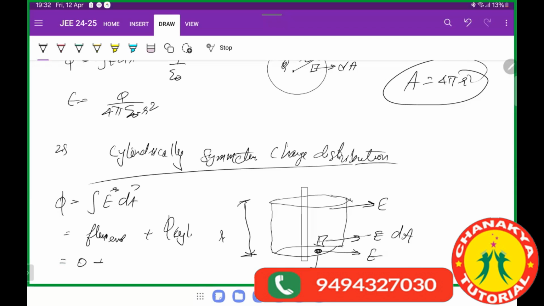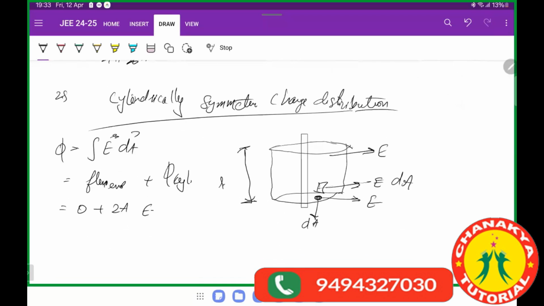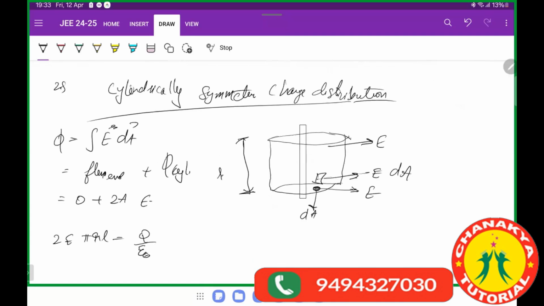So it will be 0 plus the whole surface here, like 2 pi r L, into E. So E into 2 pi r L equals to Q by epsilon naught.